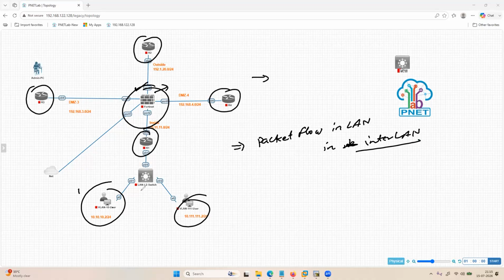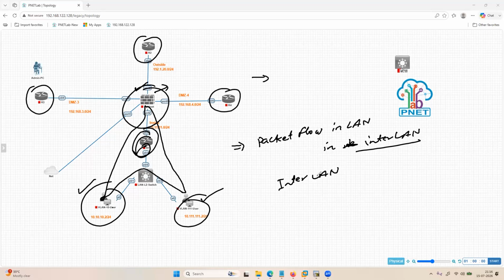Let's suppose this is VLAN 10, this is VLAN 11. You want to do communication between the two. Can we leverage your router? Yes, you can. Can we leverage our firewall? Yes, we can, and we can take the firewall in action and let them talk with each other. That in short we call inter-VLAN routing, right? Good.